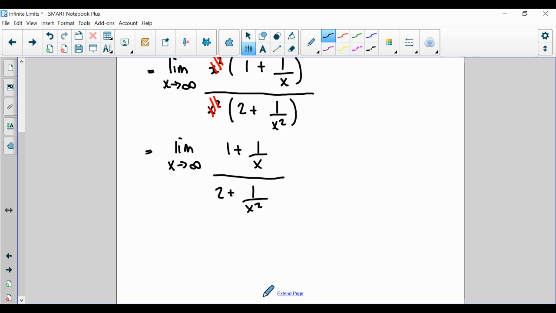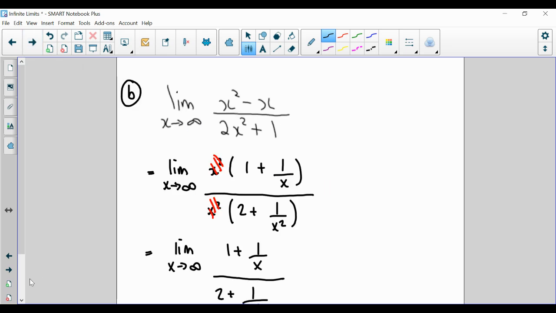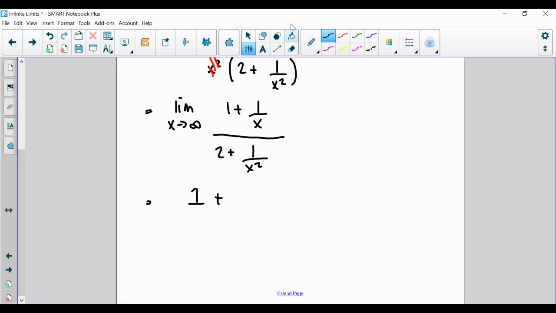Now we use the properties of limits to evaluate this. What's the limit as x approaches infinity of 1? Well, it's going to be 1. Plus, what's the limit as x approaches infinity of 1 over x? Well, we just did that here. It's equal to 0. So this is going to be plus 0.